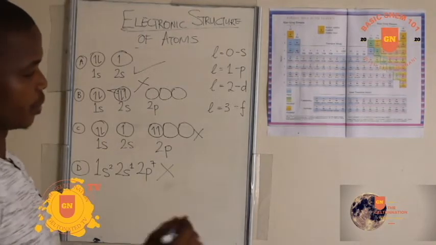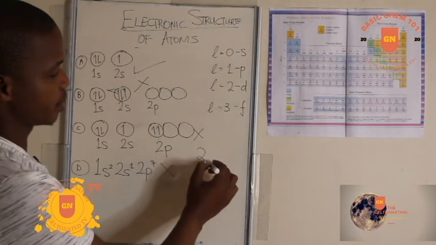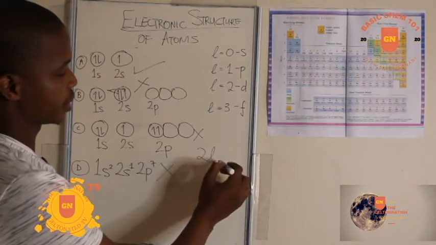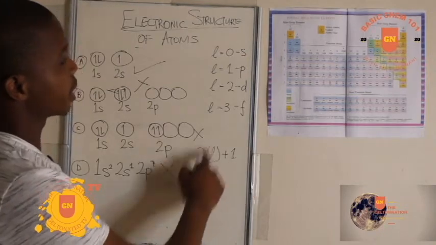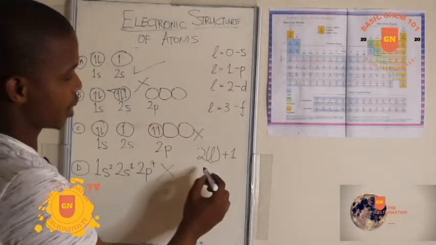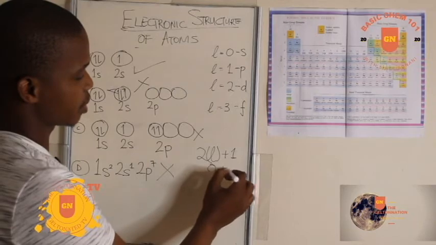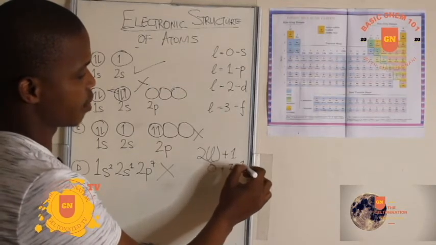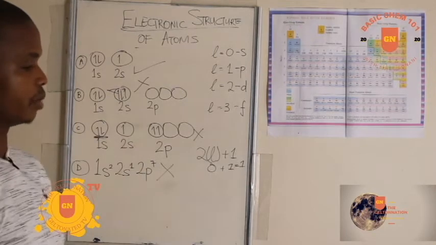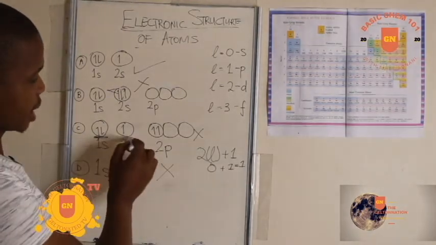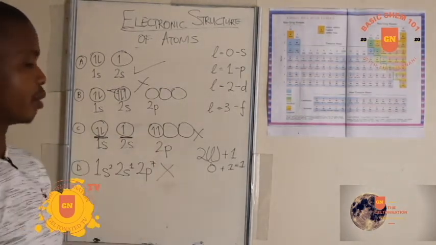The formula to know it is 2 times L plus 1. For example, if L is equal to 0, it's 2 times 0 plus 1. You have 1 orbital, which is in the s shell.